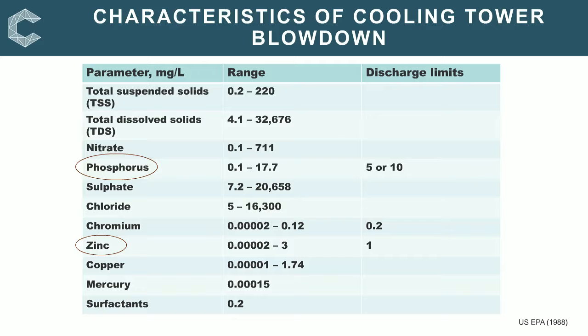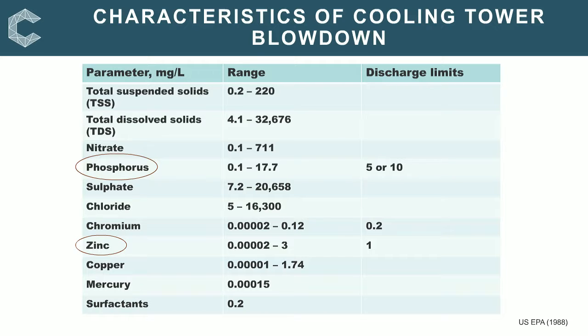The composition and quantity of blowdown does vary greatly from plant to plant, as it mainly depends on the make-up water. For example, whether you're using surface water, municipal wastewater or another source. And of course on the chemicals added to prevent fouling, scaling and corrosion. As you see, for some plants, zinc and phosphates at least will need to be removed to meet the limits stipulated for cooling tower blowdown, which I showed you in the previous slide.